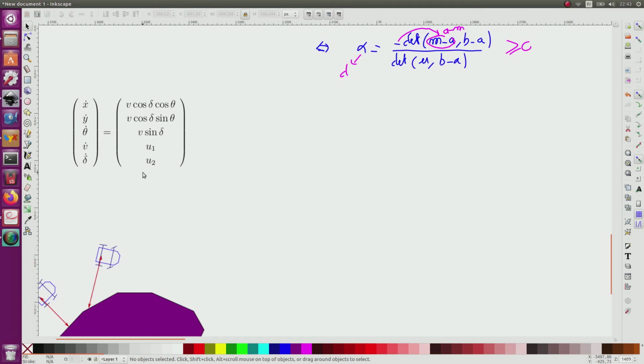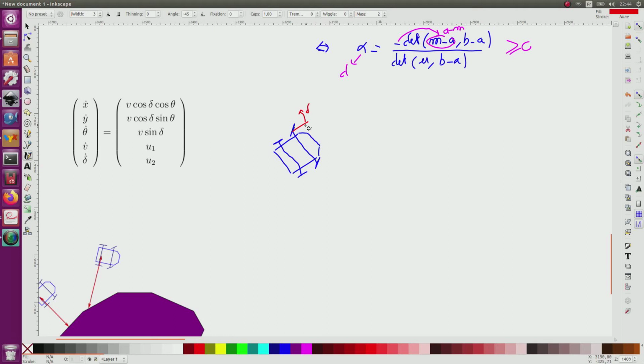So recall that here I have my car, given here. The rear wheel and the front wheel. Here it corresponds to delta.